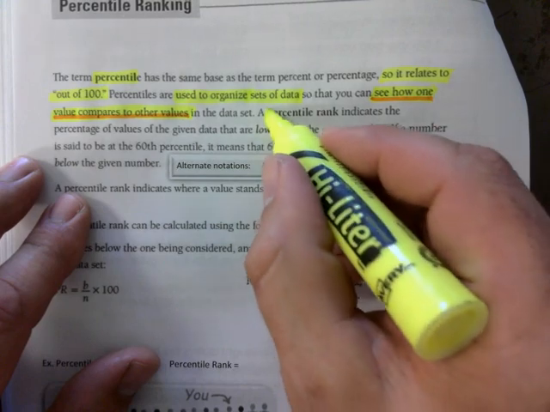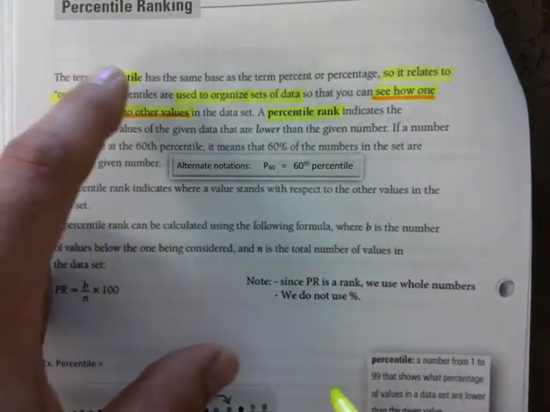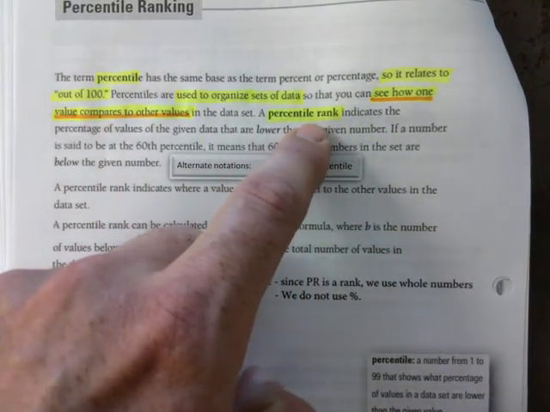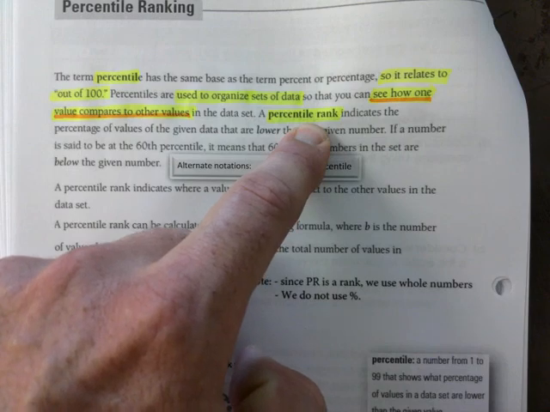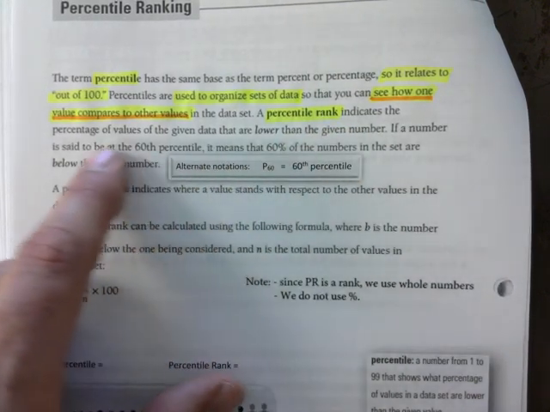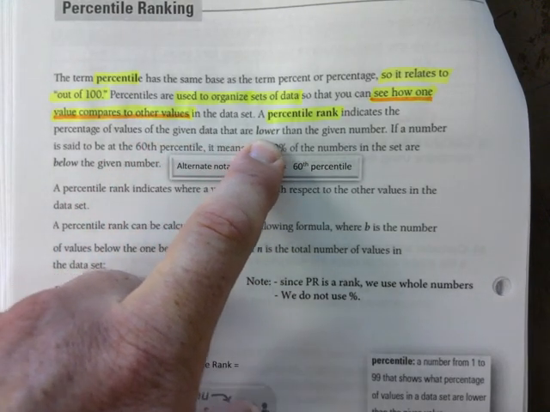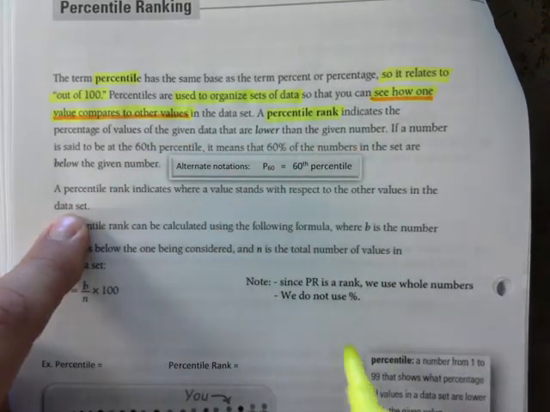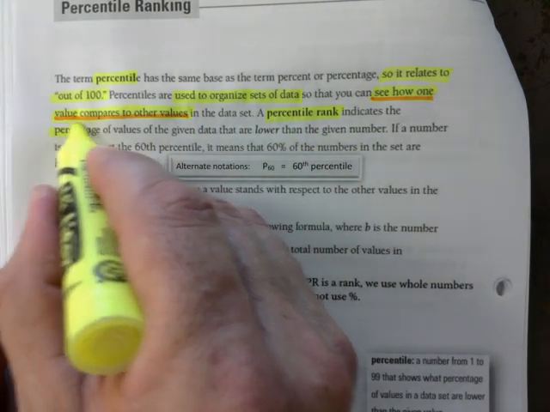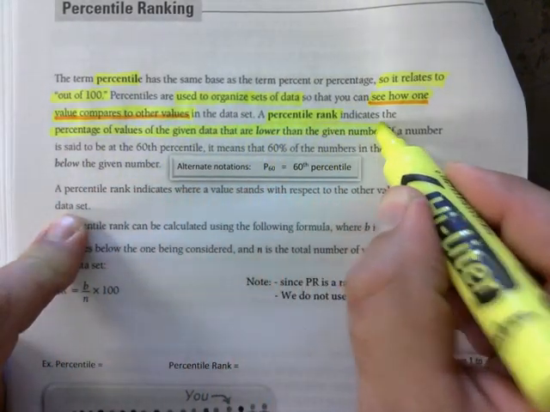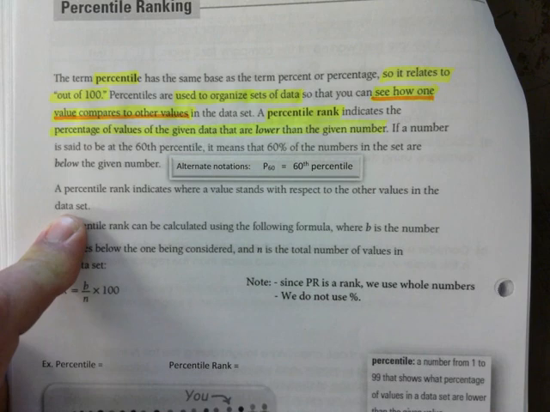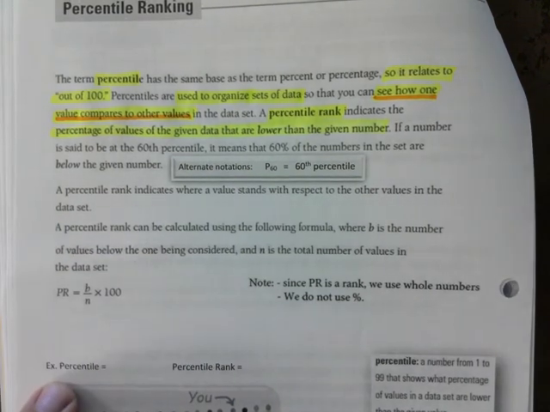So there's percentile, guys, then there's percentile rank. It's different. A percentile rank indicates the percentage of values of the given data that are lower than the given number. Just highlight that, and I will summarize it one more time further down.